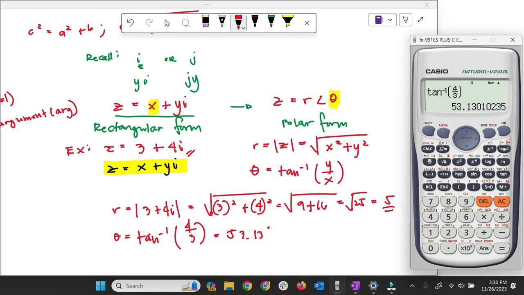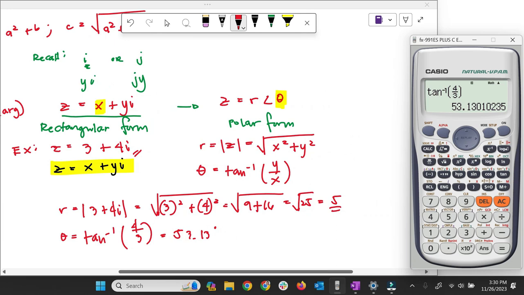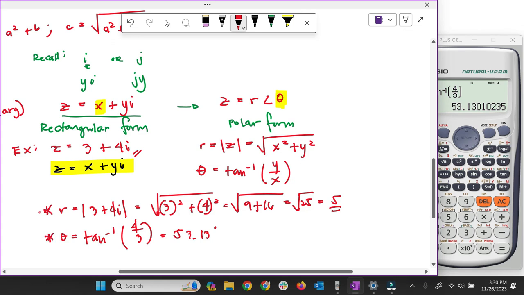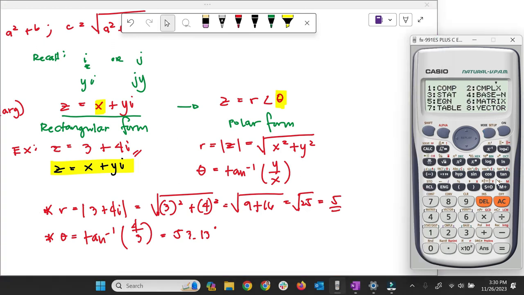Pero, kung maswerte ka at ang iyong exam or iyong quiz ay multiple choice, pwede ka na mag-rely sa calculator mo to solve everything. Kasi hindi mo ito kailangan i-solve pa manually kung may calculator ka and kung multiple choice yung type of exam mo. Paano? Let's again use the complex mode of our calculator. So let's have 3 plus 4i as our base complex number. That's the z.